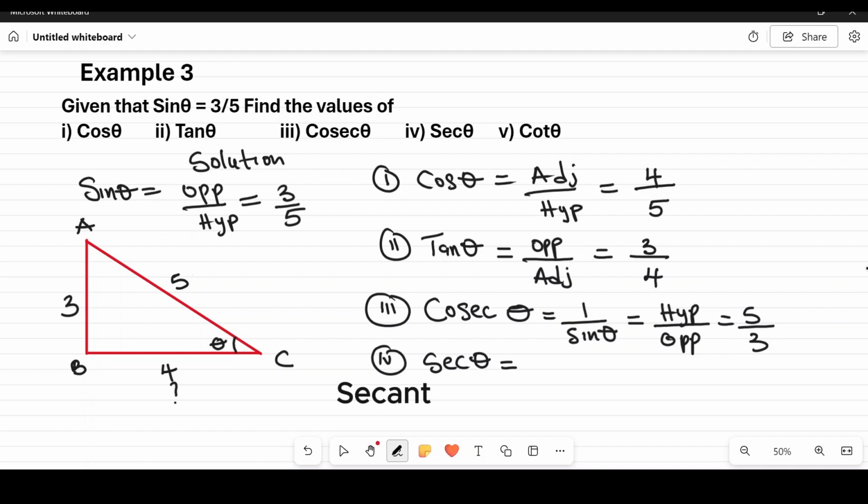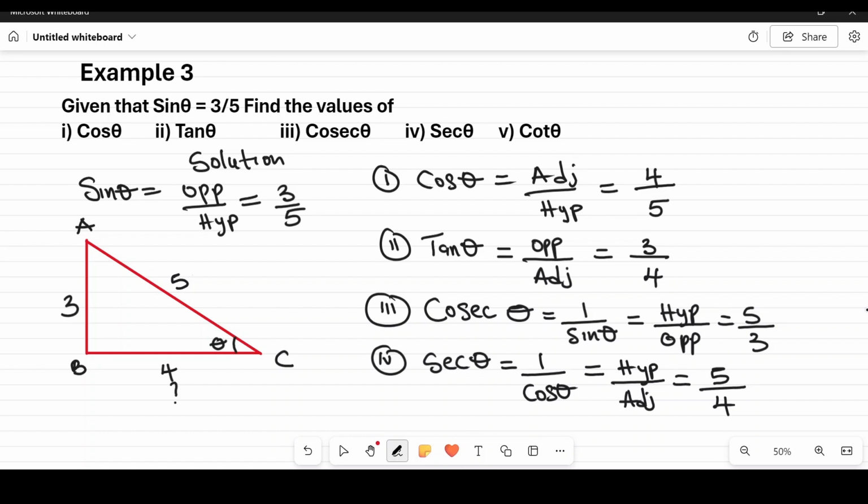Our sec theta is equal to 1 divided by cos theta, which will be equal to hypotenuse divided by the adjacent. And we know that from our figure, the hypotenuse side is equal to 5 and the adjacent is equal to 4.